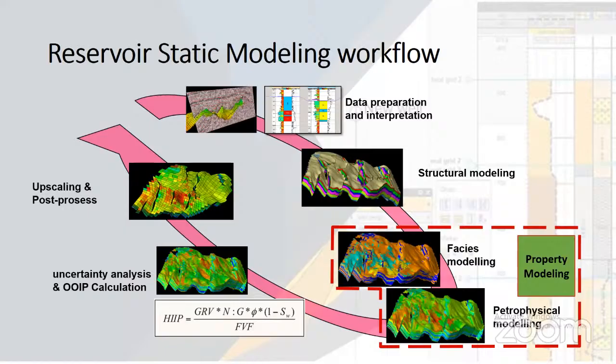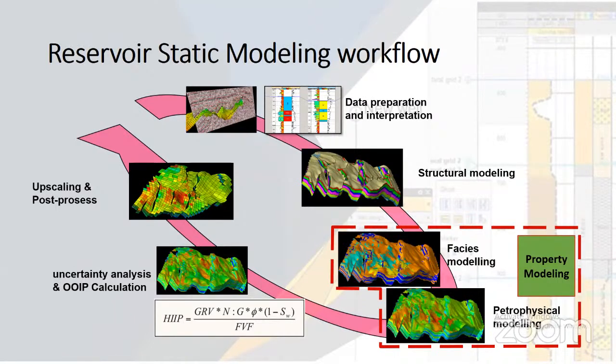If we use that equation with those distributed porosity values for each cell in our reservoir model, we will have just one value for the original oil in place. What if our prediction is wrong?